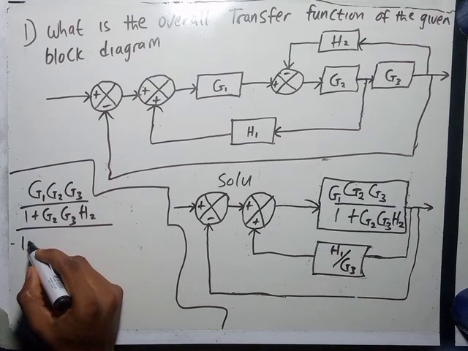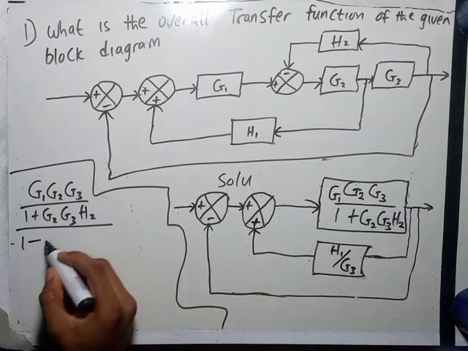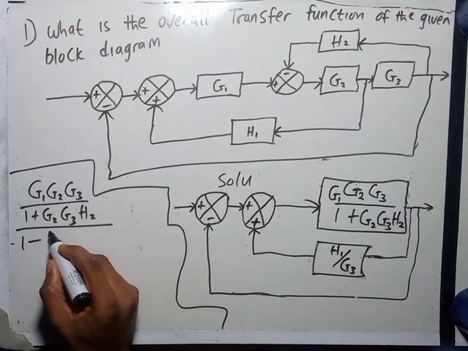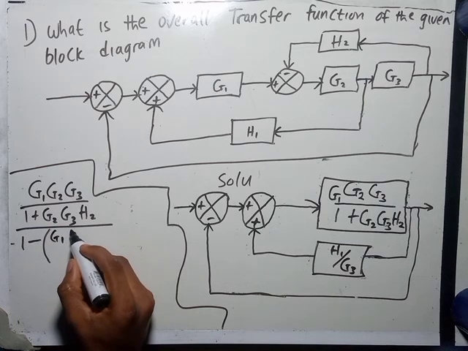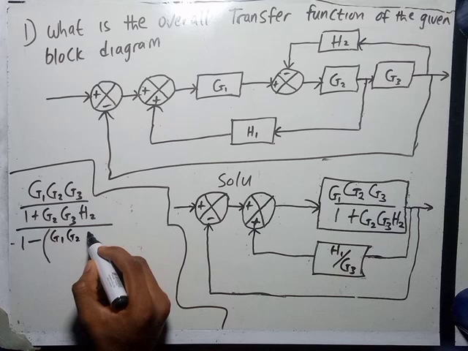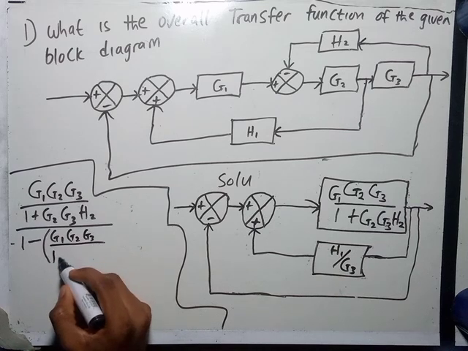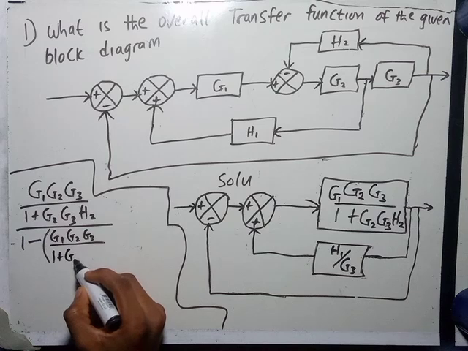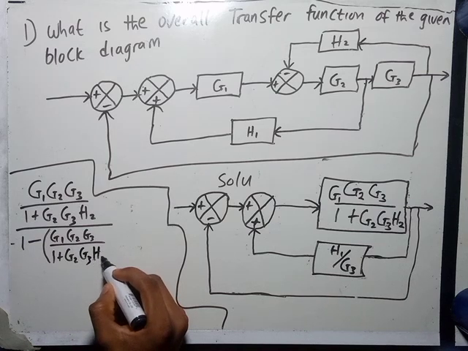Like we said, is going to be what? Minus, because here is what? Plus. Now this, which is what? G1, G2, G3 over 1 plus G2, G3, H2.